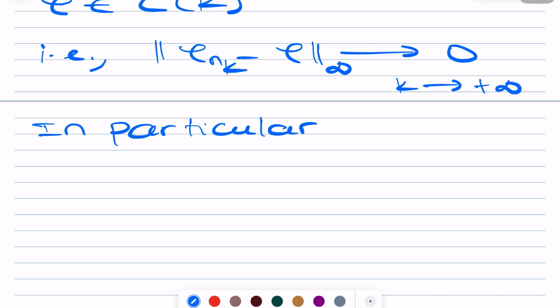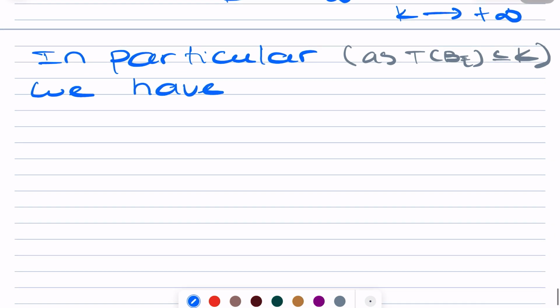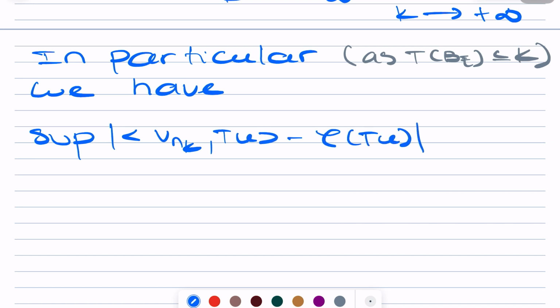In particular, as this is a subset of K, you have that the supremum of the absolute value of vnk comma tu minus phi of tu actually goes to 0 as k goes to plus infinity.